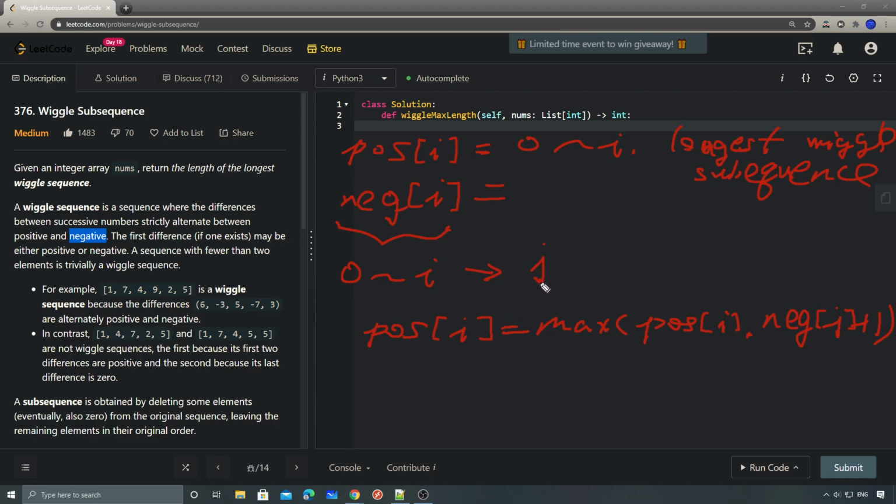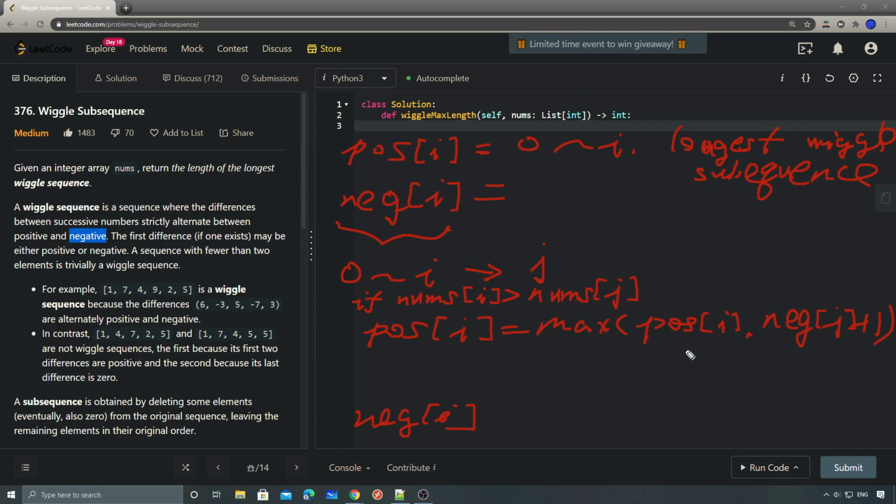That's the first approach. It's very similar to LIS. At each location i, we loop through from 0 to i and check if nums[i] is greater than nums[j]. Else, if nums[i] is smaller than nums[j], we do the same for the negative one, using positive[j] plus 1.